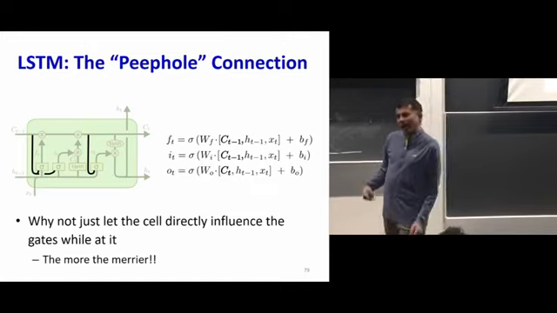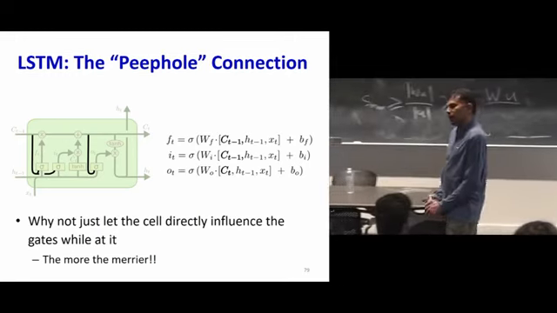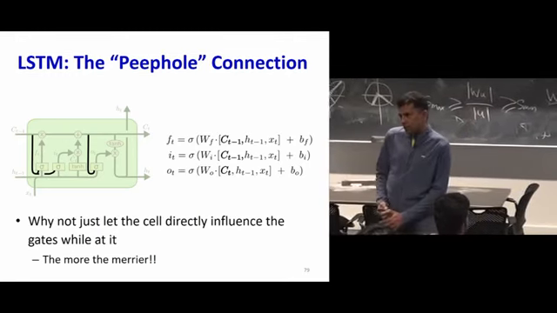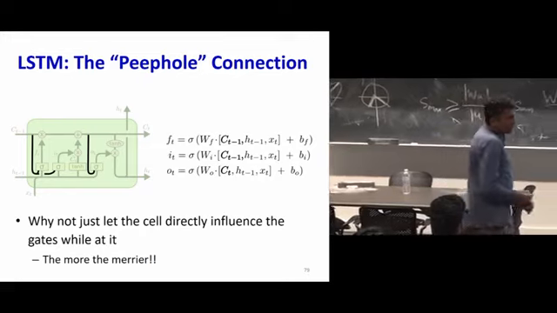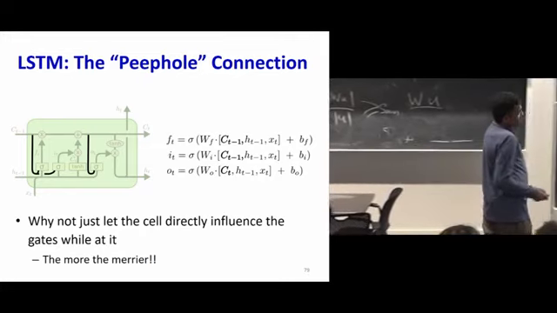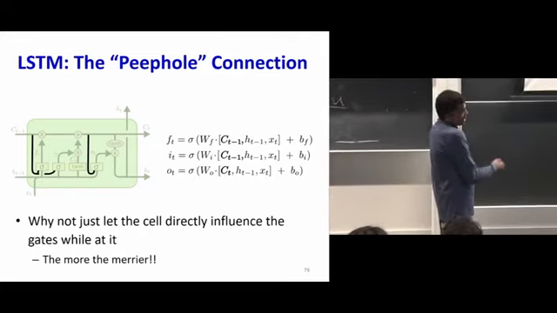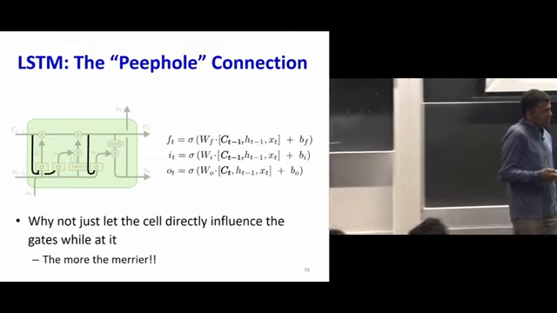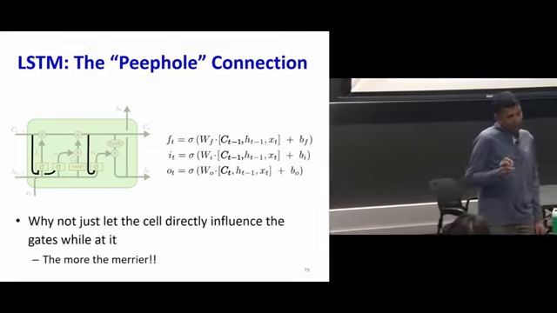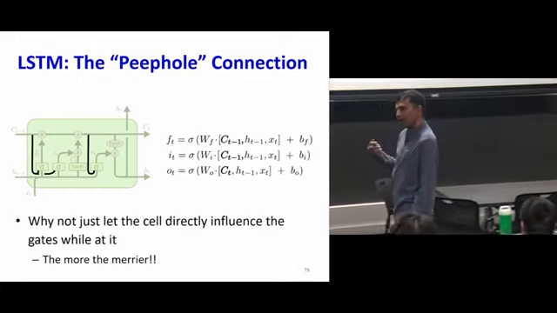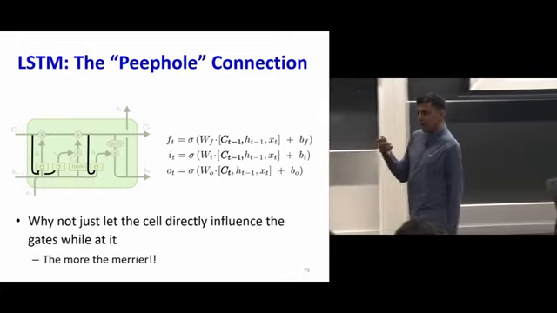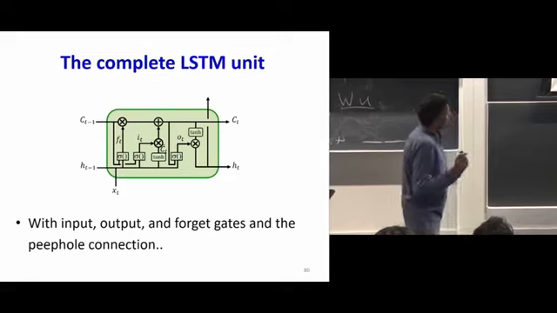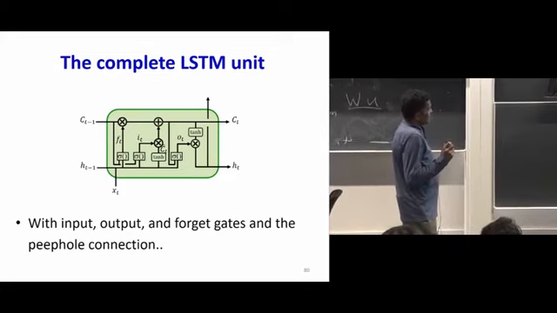The peephole connections were added later in the chronological development of this architecture. They were not part of the initial structure because the peephole connections by themselves are maybe a little less intuitive than just using H and X. But it just turns out that adding them improves the performance of the system. So there's a certain degree of, I don't know why, in the design of these systems that you just have to live with.